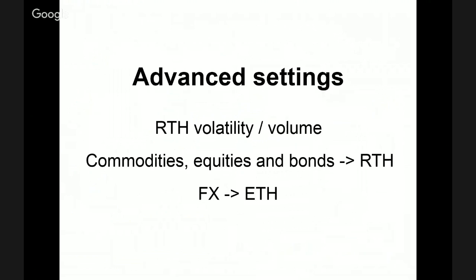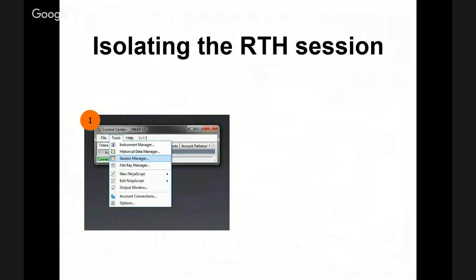But let's talk a little bit further about commodities, equities, and bonds. If we want to isolate the regular trading session, first we need to know when that time window is. So that will be a little bit different for index and commodity and bond futures in the US, and obviously different if you're looking at European markets.